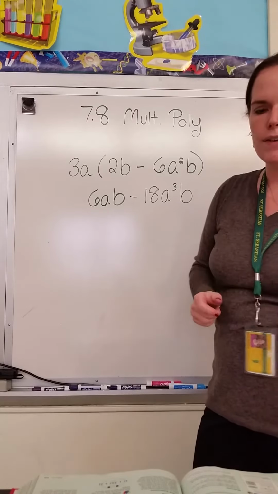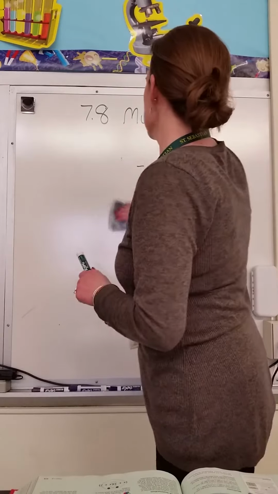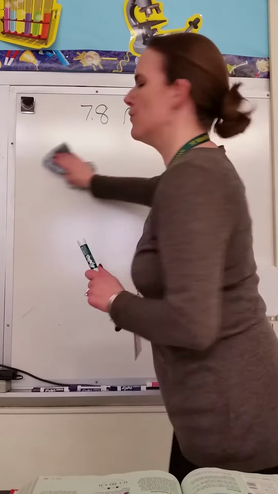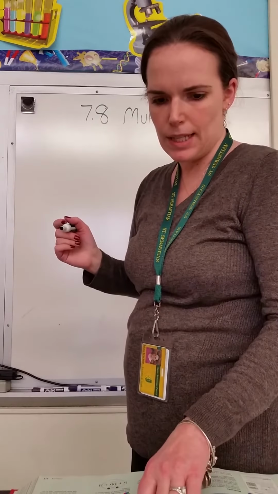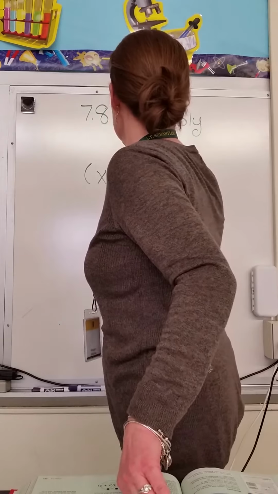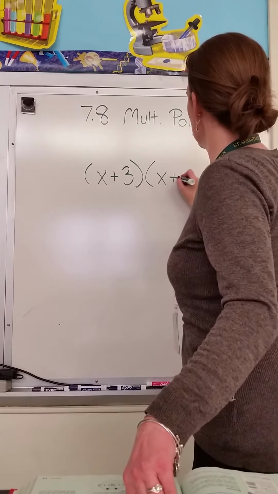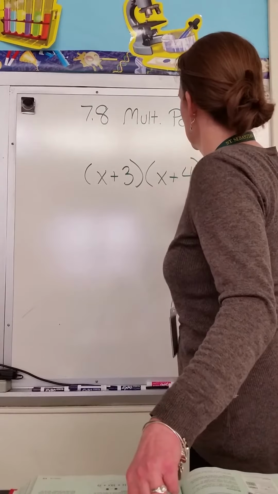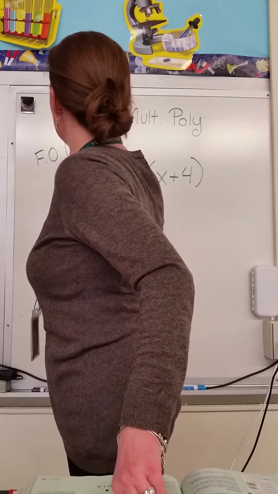If you have a binomial times a binomial, that's where there's this special thing called FOIL. So say you have something like x plus 3, and you're multiplying that times x plus 4. This is where you're going to do something called FOIL.